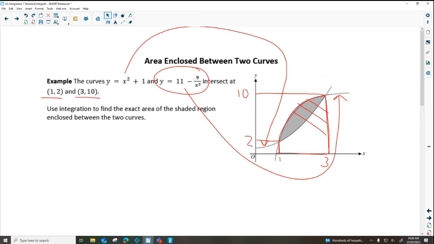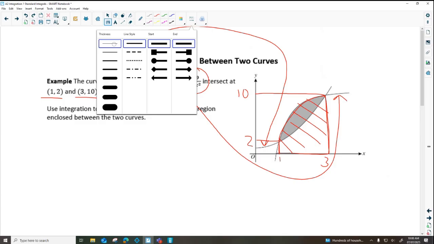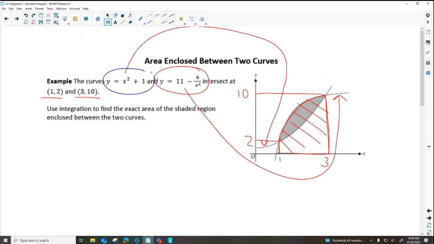I can use integration to find that area there. And then when I've done that, I can use integration again to find the area under this curve. So that's going to be this shaded area here. And what I'm looking for is therefore the difference between those 2 areas. So let's do the one in red first of all.